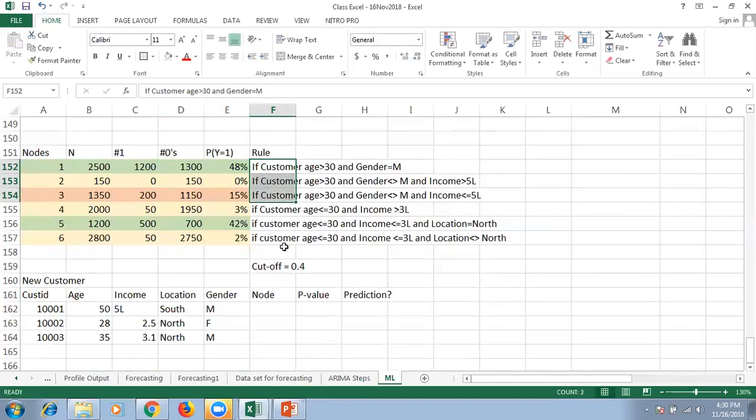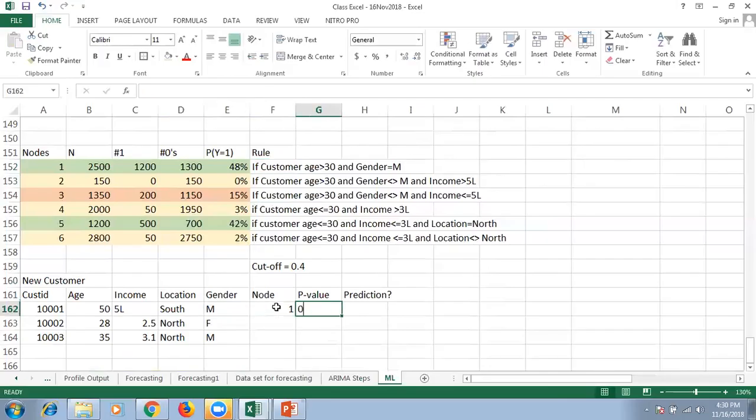And income is 5 lakhs, so income is greater than 5 lakhs. Gender equal to male means only these two, because at the end of the day it's greater than 30 and gender equal to male. So which node does it belong to?